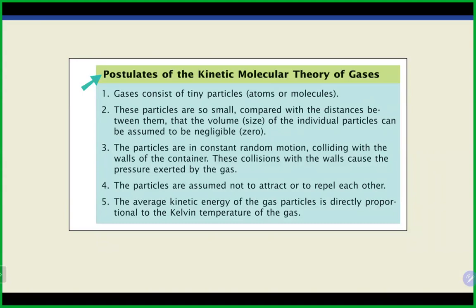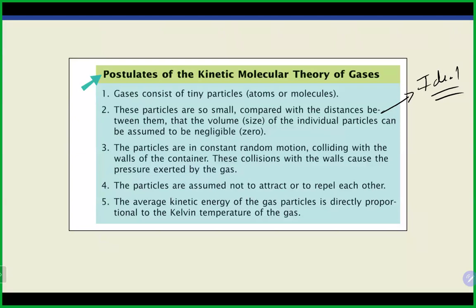Remember that number 2 is one of the things that makes something an ideal gas. We really don't consider the volume of the gas itself, like I talked about earlier. It's more about the container in an ideal situation.